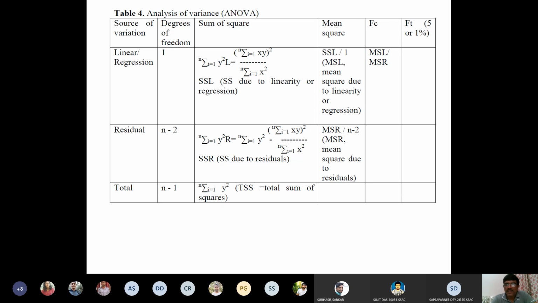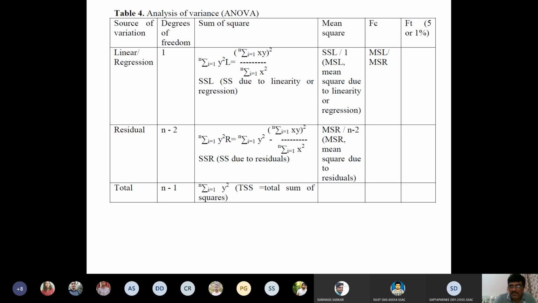Then see the last row, where you have the total sum of square. This is small y square, which is also a parameter already calculated. You have seen a few slides back how this small y square was calculated. This is known as the total sum of square. You take the dependent variable y, subtract the mean from the y values, square those values and make the total.